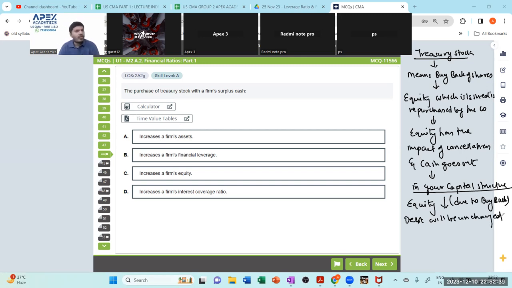You are doing a buyback of shares, your equity will reduce, you have to pay the money, your cash is going out. Your capital structure, your equity falls and your debt stays the way it is. Agreed? Treasury stock is a deduction from equity. You can say deducted in equity however you want to put it.